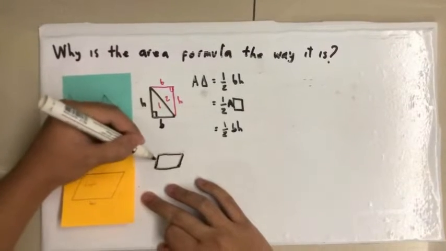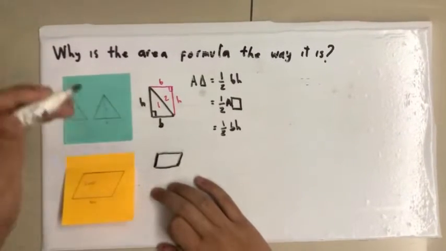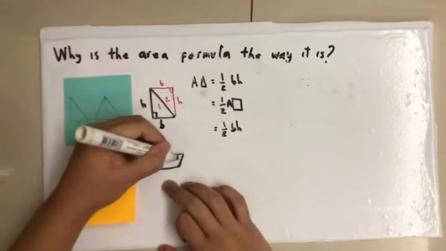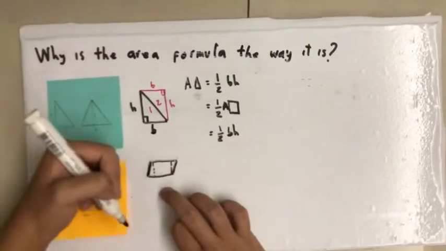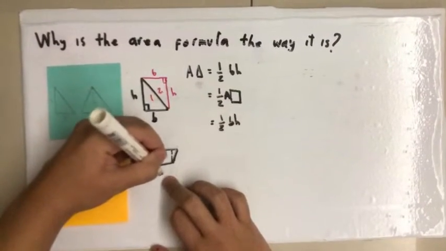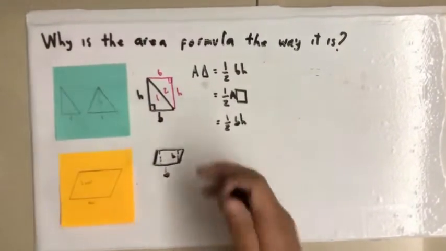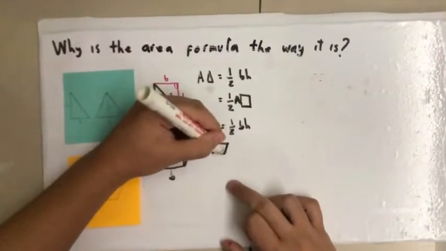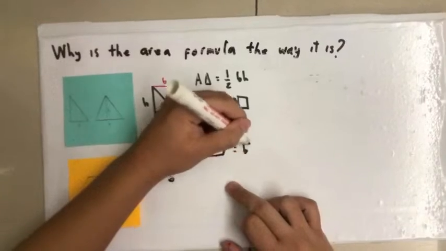I can't draw, so please bear with me. And then we'll have this here too. This is a parallelogram, and this will be the base, and this will be the height. And then the area is just base times height.